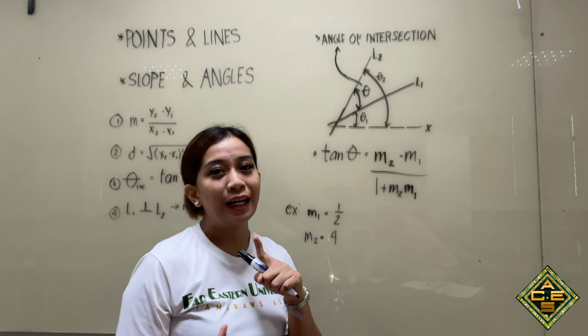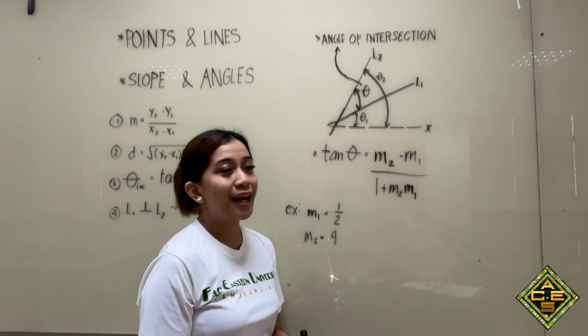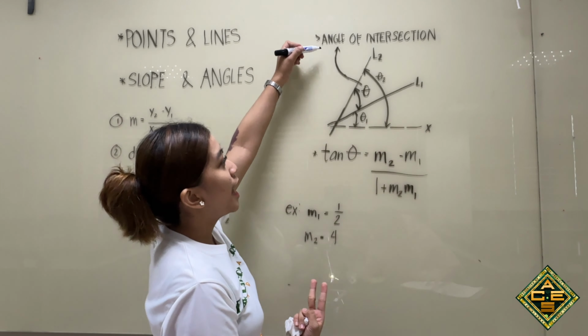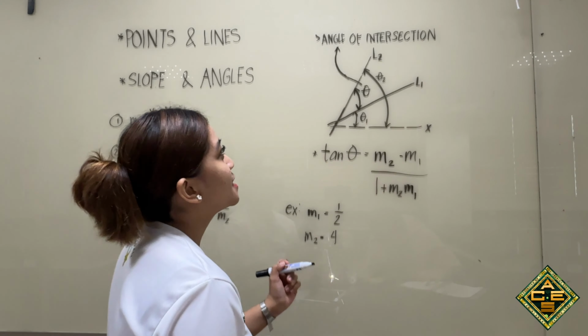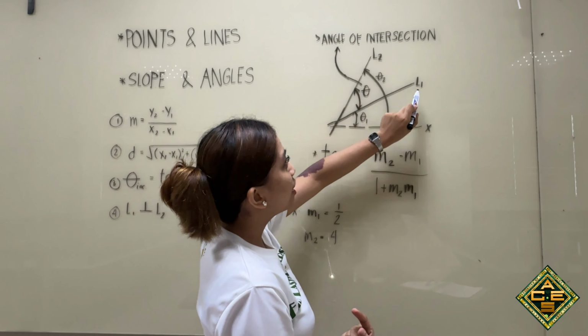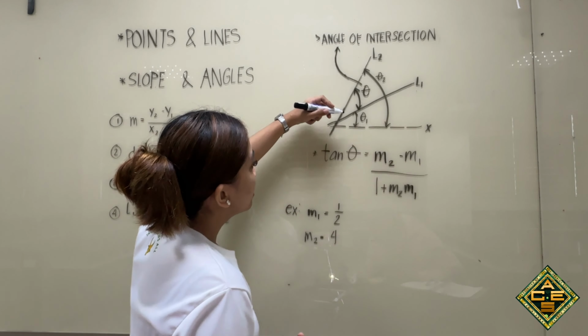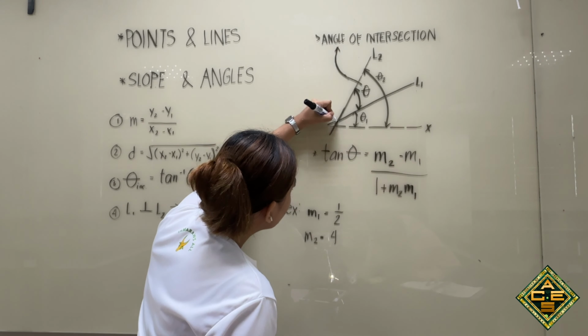So now that we know how to get the point of intersection of two lines, we'll now go through the angle of intersection. So let's say we have here two lines again, L1 and L2, and they intersected at this point.